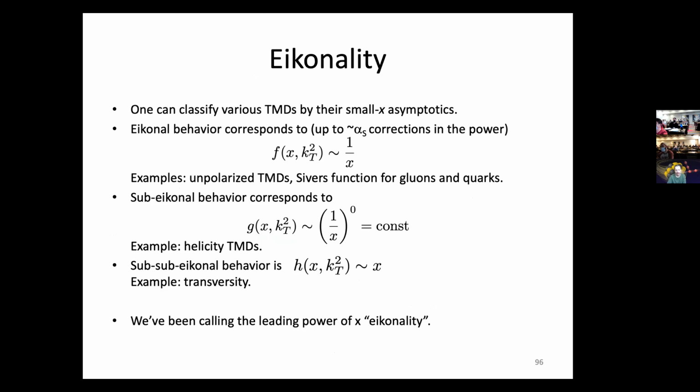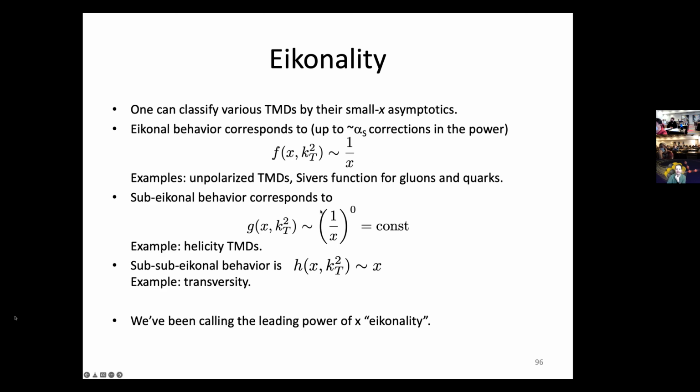Okay. So in general, one can classify TMDs by eikonality, how they behave at small x by the power of x. Kind of, maybe very remotely, similar to classifying operators by their twist. For instance, you can have eikonal TMDs, which behave as 1/x at small x, up to some order alpha_s or some such corrections to the power.